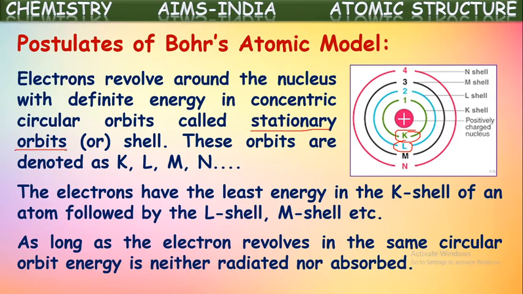Why? Because as long as an electron is revolving in an orbit or shell, it neither gains nor loses energy. Its energy will be constant until it changes its orbit. If it is in a particular orbit, its energy will be fixed. That is why these orbits are called stationary orbits or stationary shells.